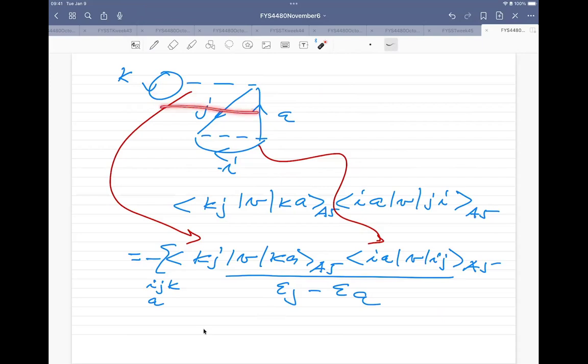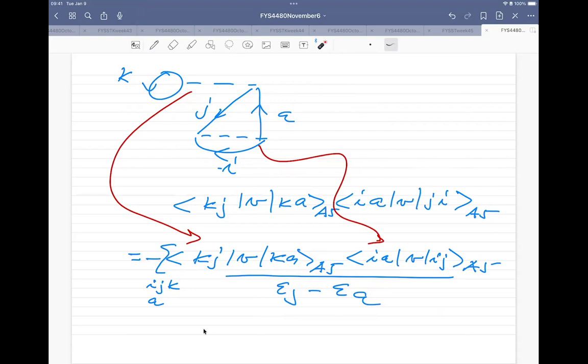We need to put in an energy denominator, which is the energy difference between the state here and the state here. And we do that by simply counting the difference in energy between holes and particle states. And that is what this is. Then the minus sign here arises from the way we have ordered the contractions.